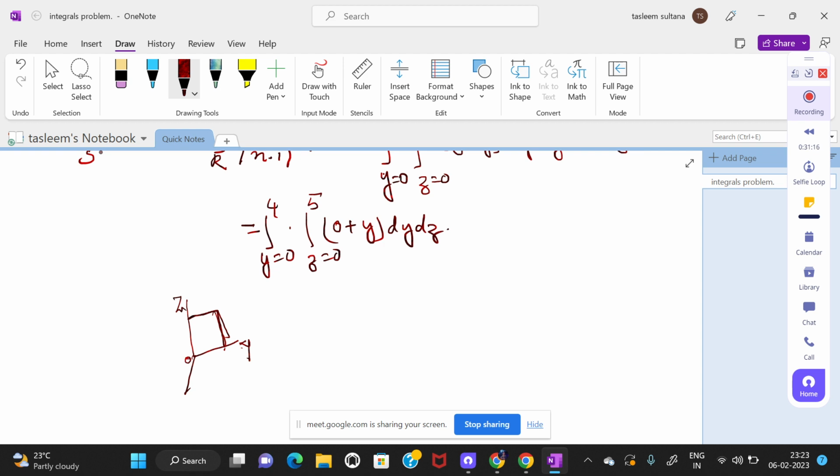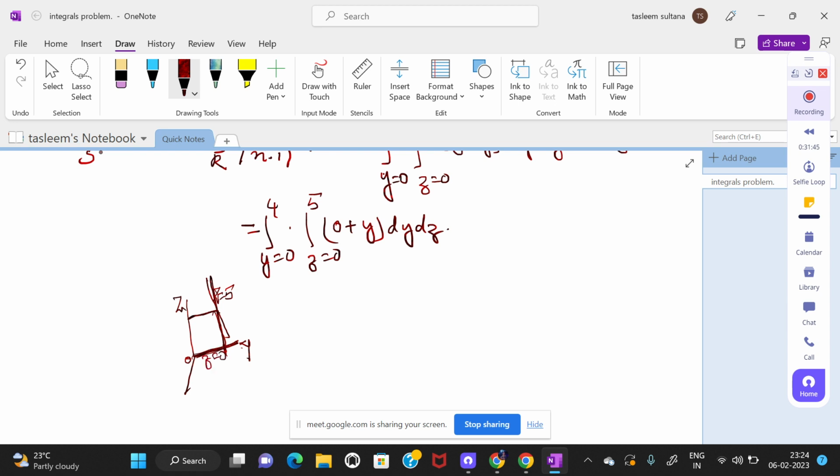Here, this line represents all the y values. Yes or no? Yes, ma'am. Where your z is going to be 0. Somewhere it will be 5 over here, if you extend this line. Somewhere your z is equal to 5, and where this is, your z is equal to 0.